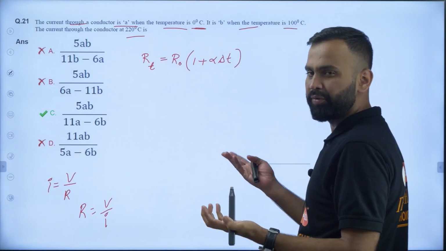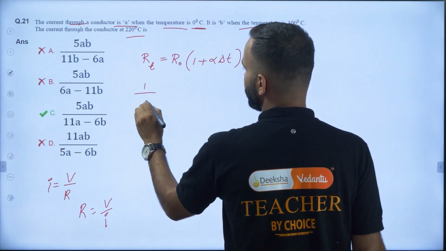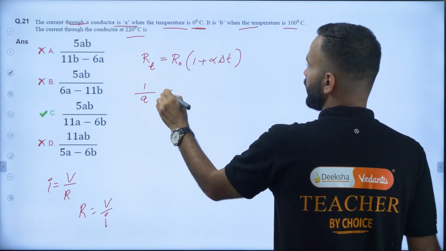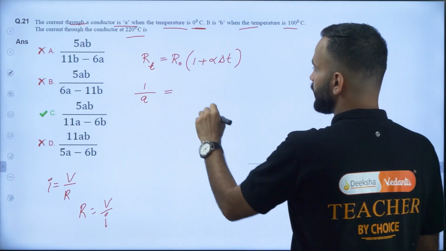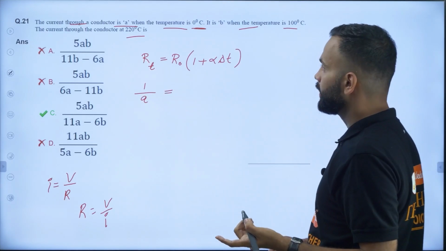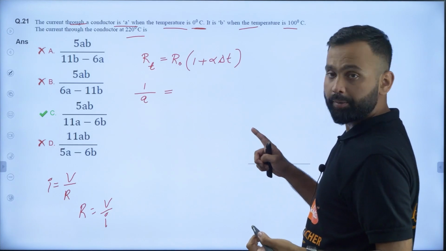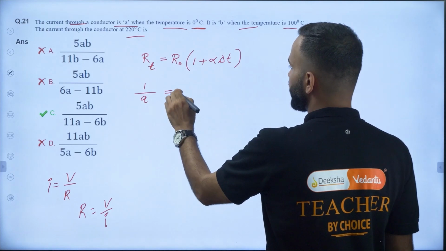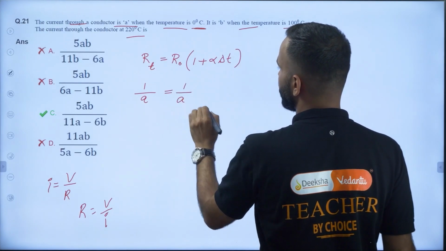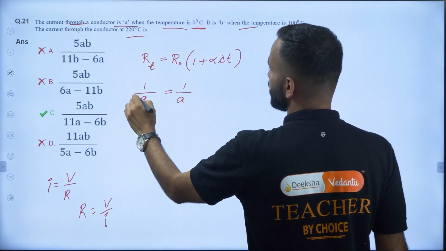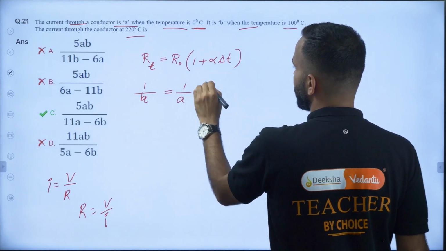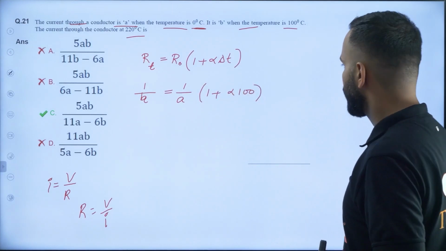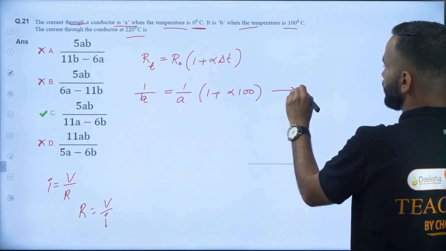V will get cancelled on both sides. So 1 divided by the current at 100 degrees Celsius, which is B, is equal to 1 by A into 1 plus alpha into 100. So this is the first equation.